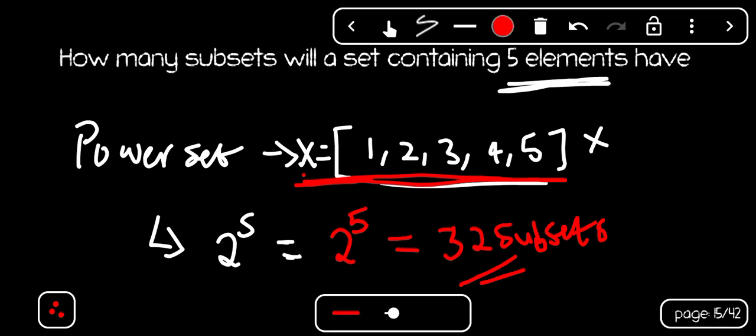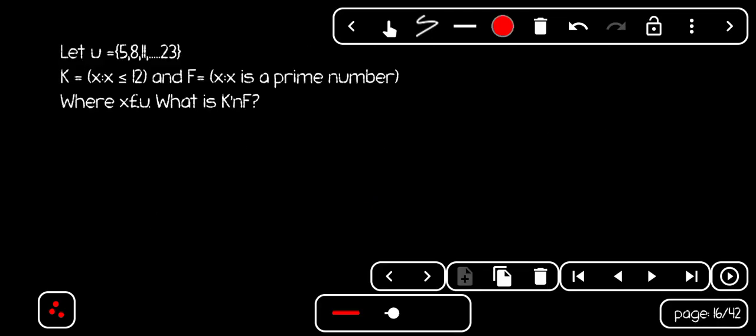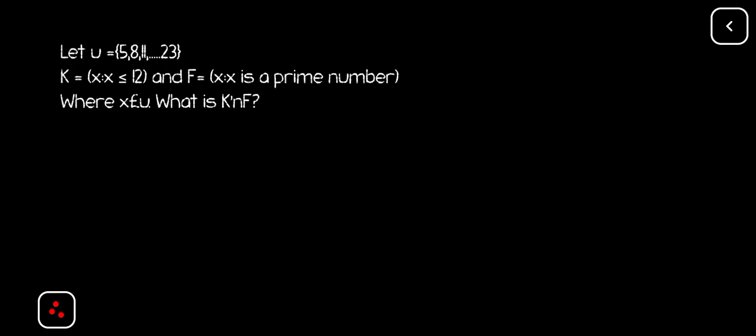Let's work on a last question, possibly. Now, this question is a very interesting question. I gave this to my students, and some of them tried. At least they did well. Let's see. The universal set is 5, 8, 11, dot dot dot, 23. Anytime you see something like this, where they give the preceding numbers, then put dot dot dot and give the final number, they want you to fill in those dots.